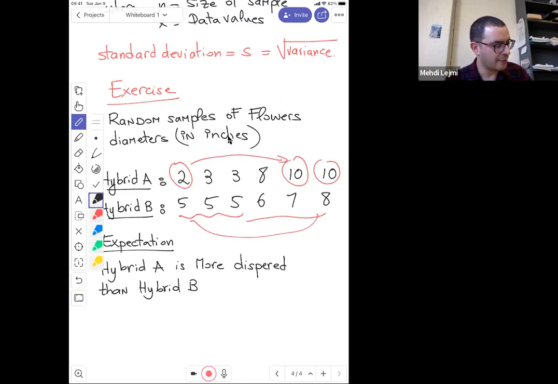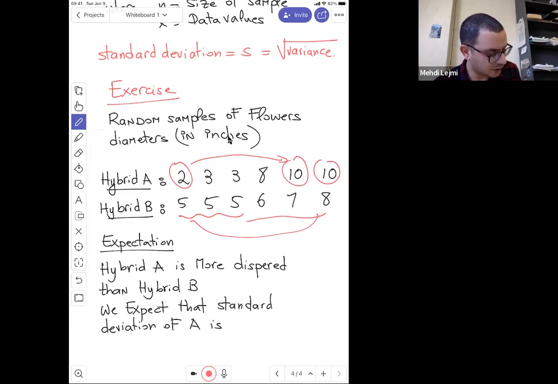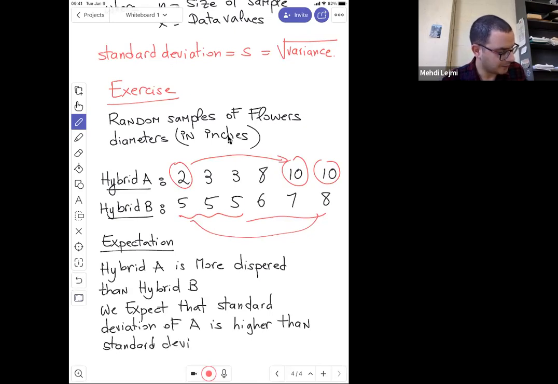So the hybrid A is more dispersed than hybrid B. So we expect that the standard deviation of hybrid A is larger than the standard deviation of hybrid B.